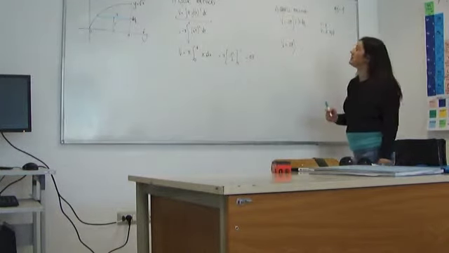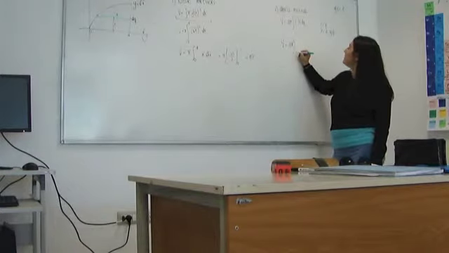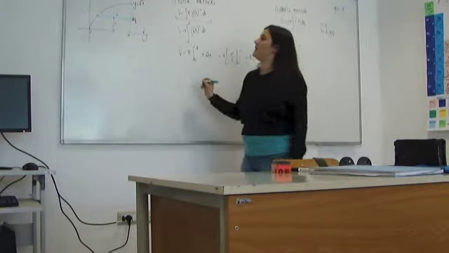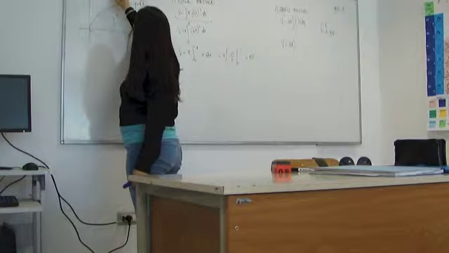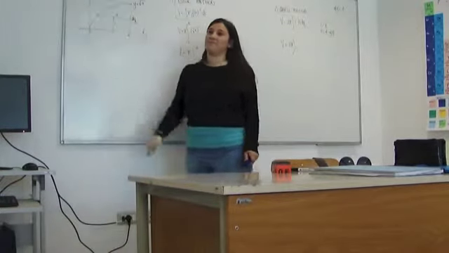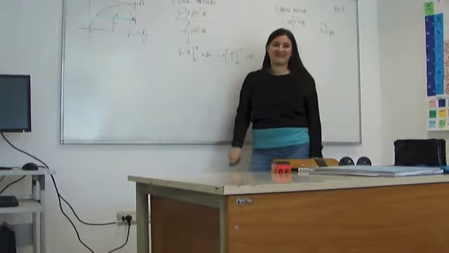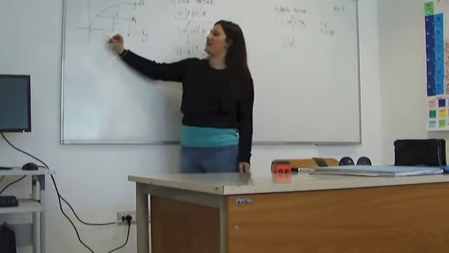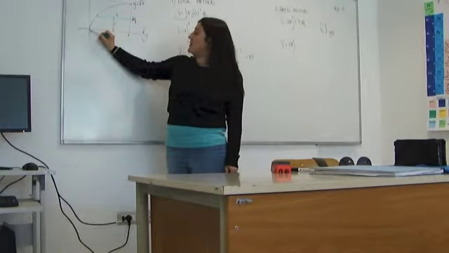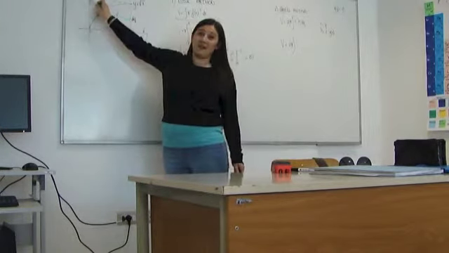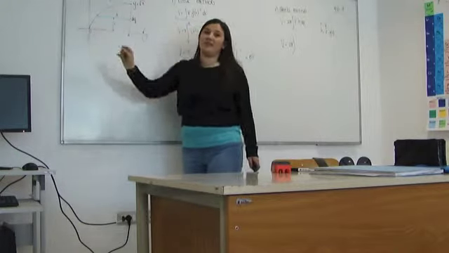So the integral is 2 pi, from, what is this limit? We need everything in terms of y, right? So we're going from here to here. What is that point? 2.